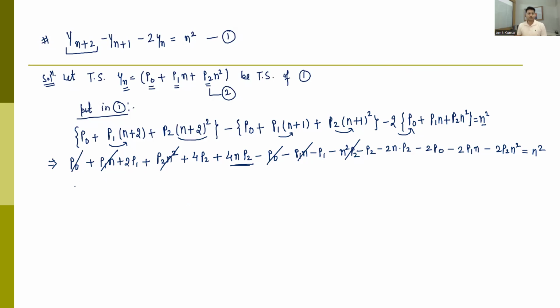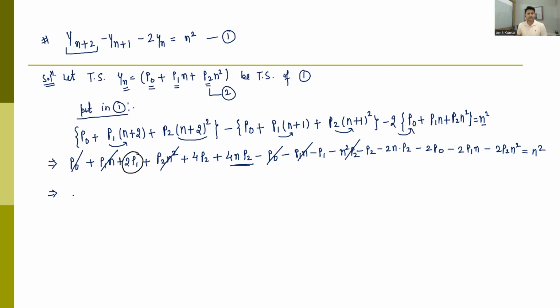Okay, let us write the leftover terms in order. In order means firstly we will write all the constant terms, then all the terms having n, then the terms having n square. That is the three kinds of terms: constant, coefficient of n, and coefficient of n square. First, let us list all the constants.